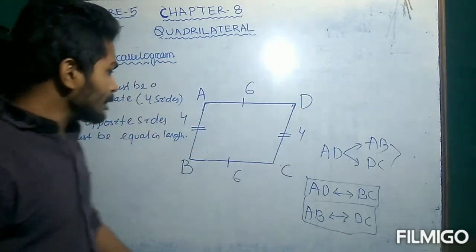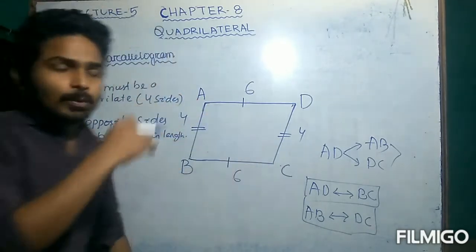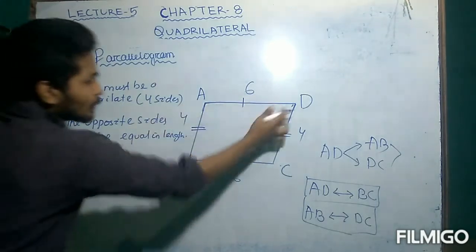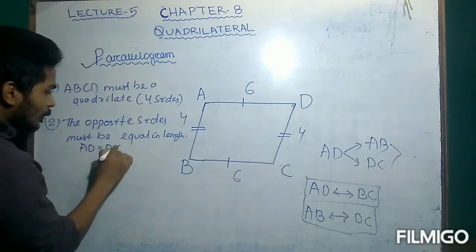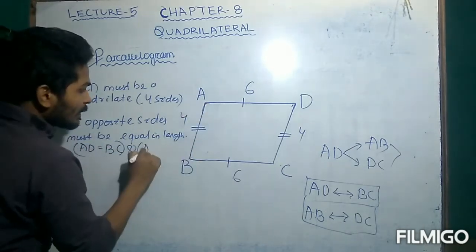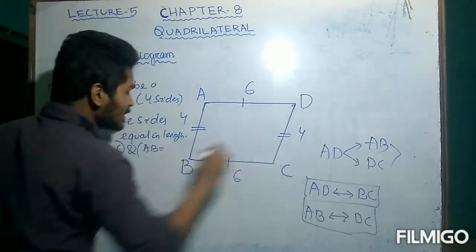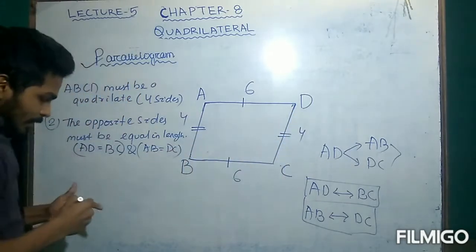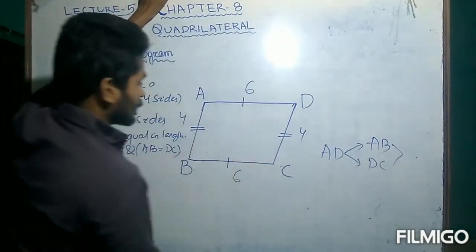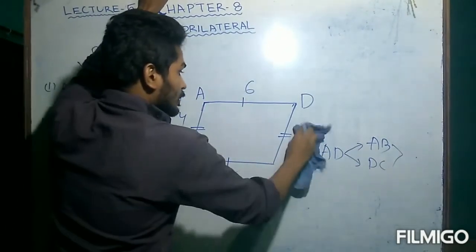Okay? So opposite sides must be equal. Or you can write here AD is equal to BC because these two are opposite, and AB is equal to DC. Understood?